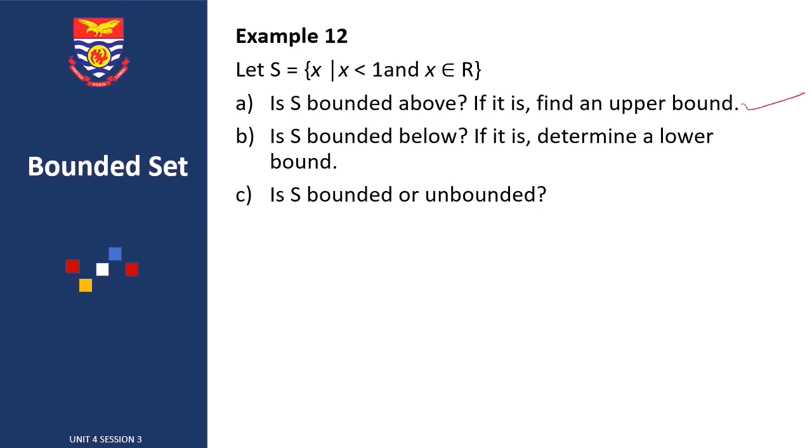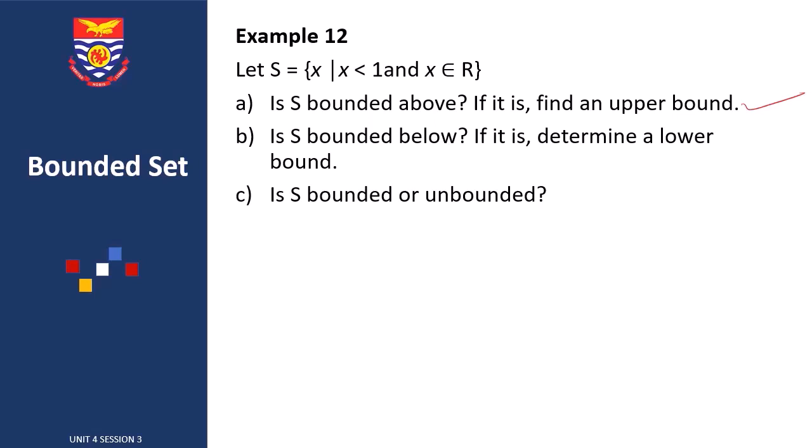B. Is S bounded below? If so, determine a lower bound. You can see that the set is not bounded below because there is no real number m such that x is greater than or equal to m for all x in S, and that is the condition. There is no lower bound, because x is less than 1 and we have more and more numbers less than 1.